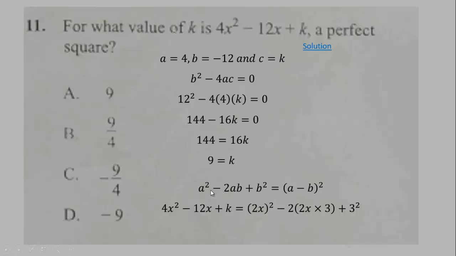So if you compare this and this, you can see that the a is 2x. So the b is what you multiply by 2x to get 6x, which is 3. So you have to square the 3 here so that this whole thing will factor into 2x minus 3 all squared.